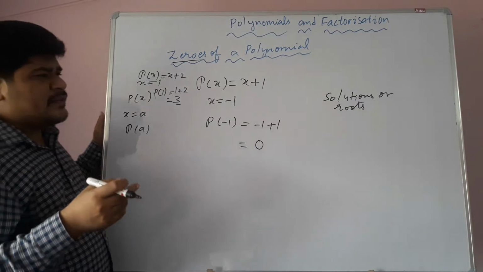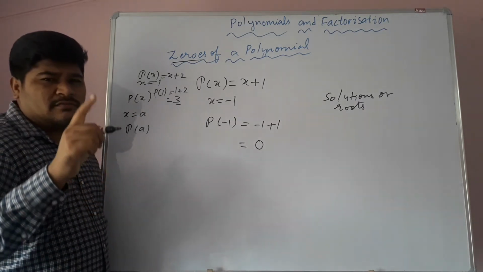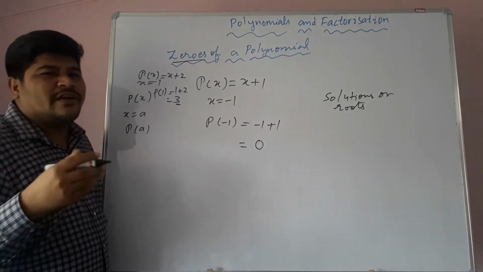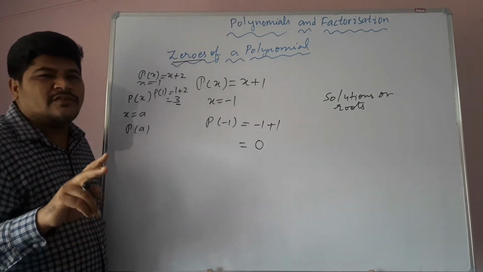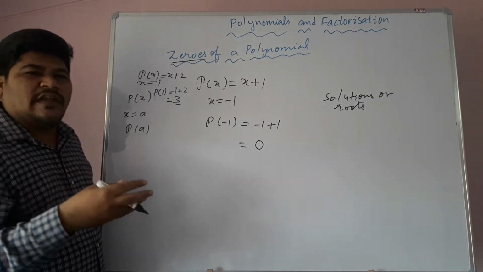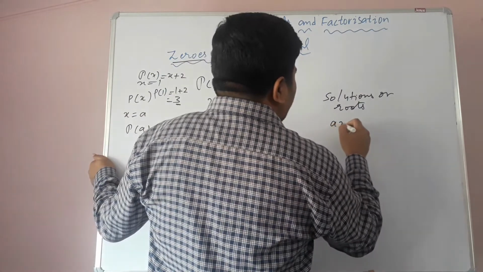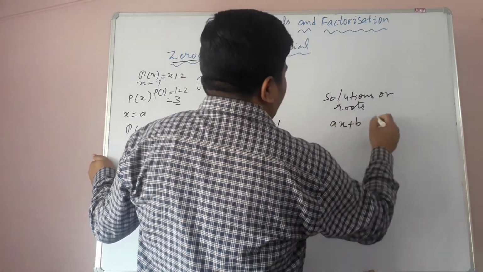Mostly, linear equations will have only 1 zero, quadratic equations 2 zeros, cubic 3, biquadratic 4, like that.